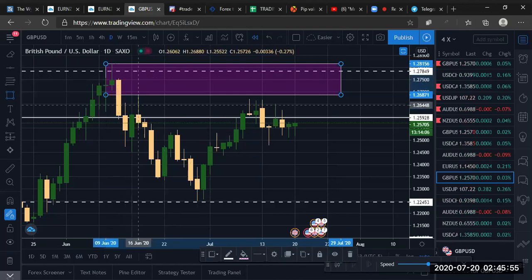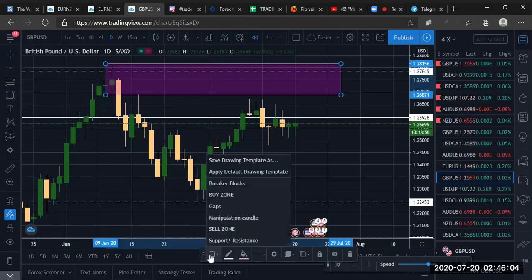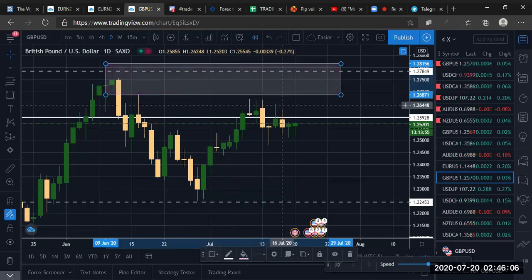Then it came back and tapped it one time again real quick before it ran off. My quick prediction: it could just come back up, tap this area again before we start heading to the downside to at least hit this bottom support line.